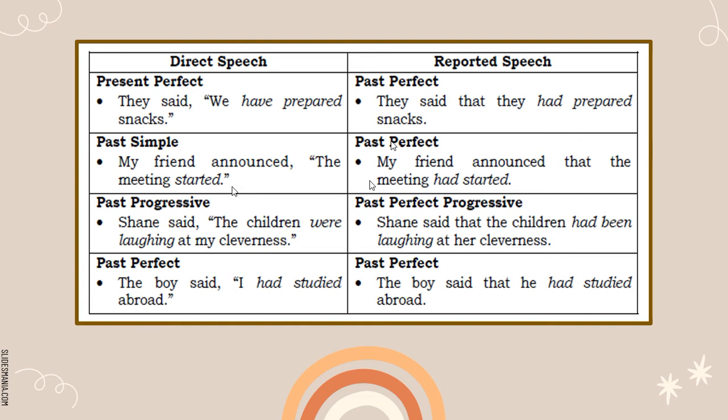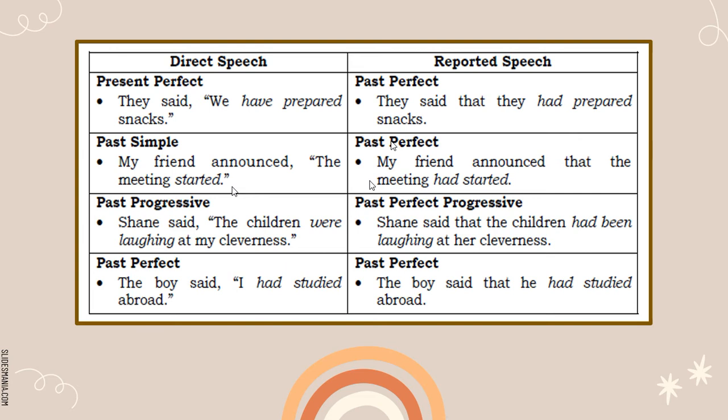And how is that going to happen? Okay, with this, Shane said that the children had been laughing at her cleverness. So the words were laughing in past progressive becomes had been laughing in past perfect progressive form of the verb.